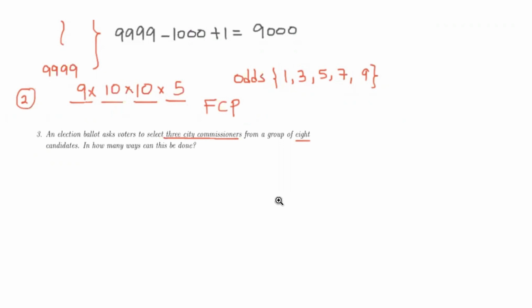Is Holly here? Yep. For number 3, I got 56. Okay, how do you get 56? I did 8C3. 8C3. Excellent. Okay, no repetition. Order does not matter. Very good. Any question? No question. Let's move to the next page then.